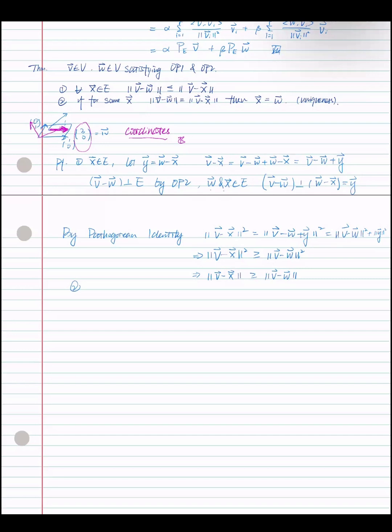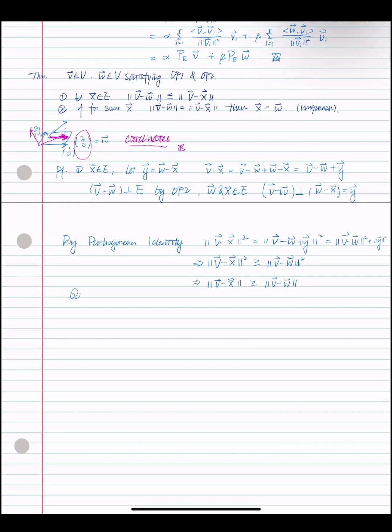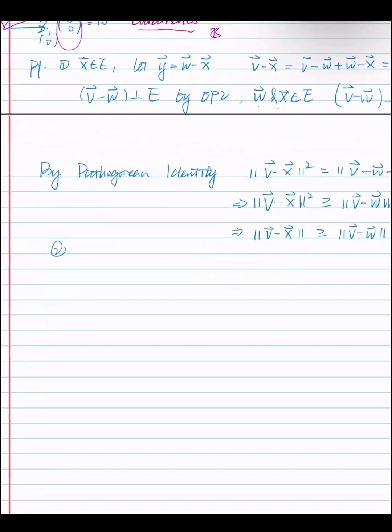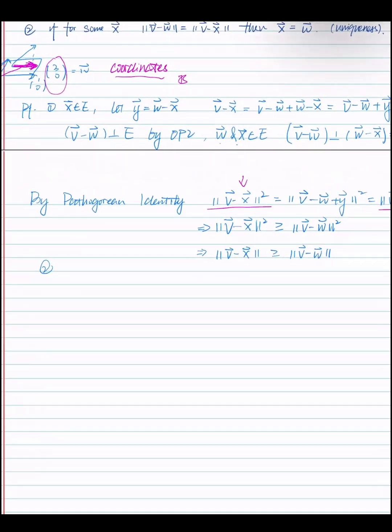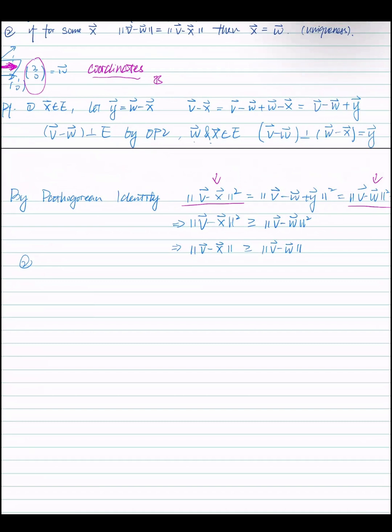Okay, the second one is we want to prove that if these two are equal, then X has to be equal to W. So now let's go from here. If the norm of V minus X equals the norm of V minus W, therefore the norm of Y squared equals 0.